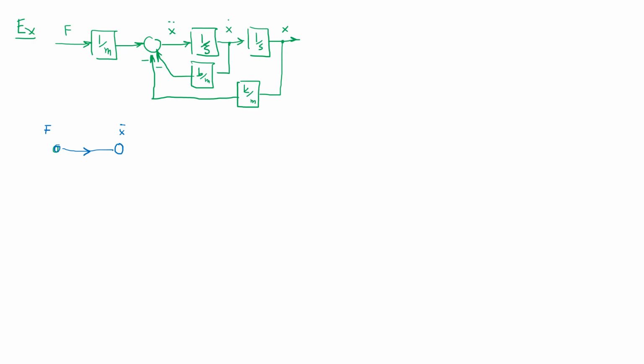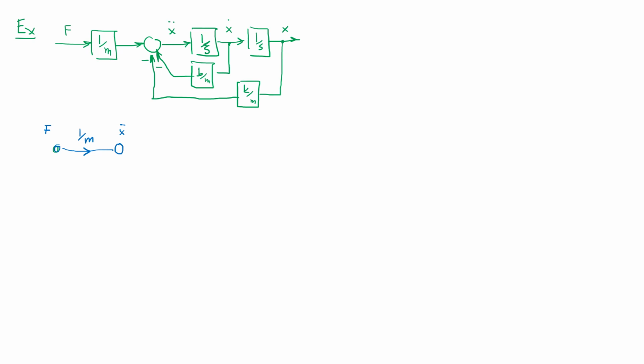And the branch has got the gain of 1 over m. And this is what I'm going to observe from this diagram. So from F to x double dot, I have 1 over m as the gain in the middle. So I'm observing the block diagram and constructing this signal flow graph.